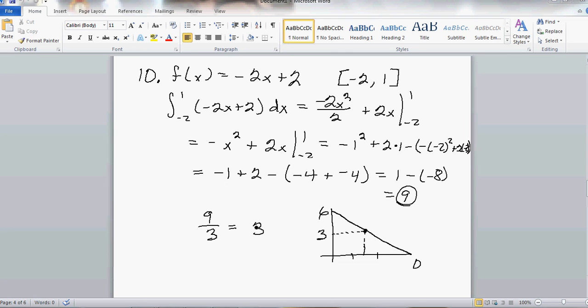And so that's what we're saying here. The average height here is 3. Now, number 10 is not too difficult to see. Number 11, on the other hand, may be a different story.